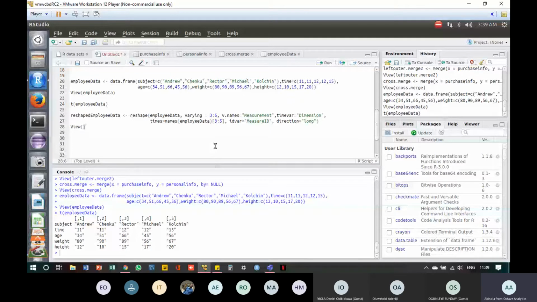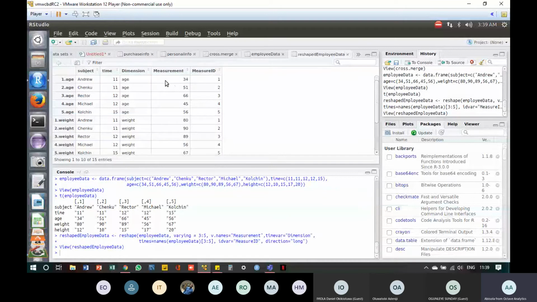View the reshaped employee data. 1 second, please. Okay, so I'm back. Let's load this.